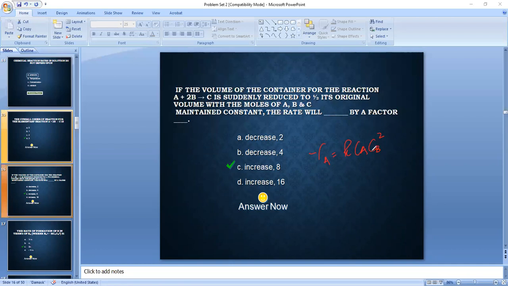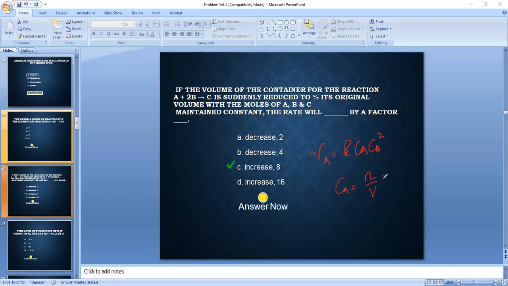Now, if you're going to divide your system's volume into half of the original, the concentration of A and B will be twice of what it was before, because you're dividing the volume by 1/2. We know that concentration is equal to the number of moles divided by the volume.